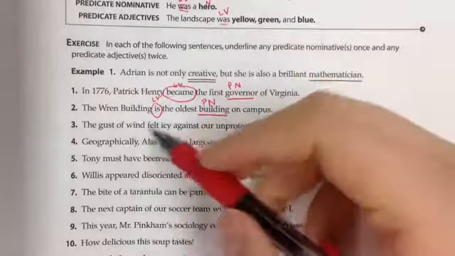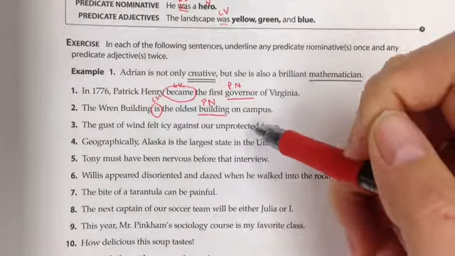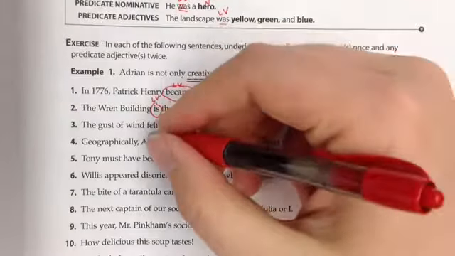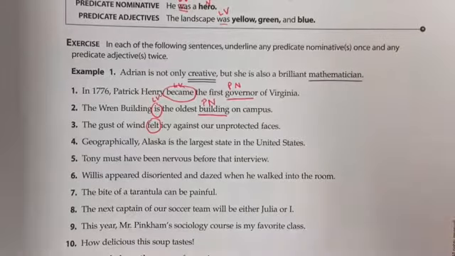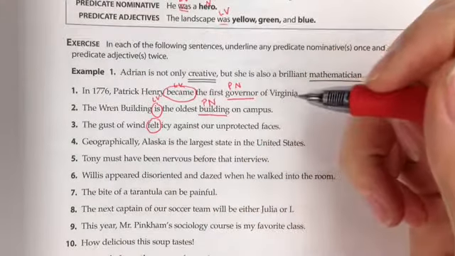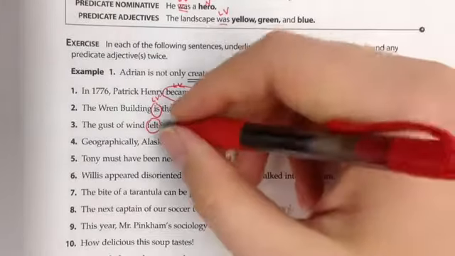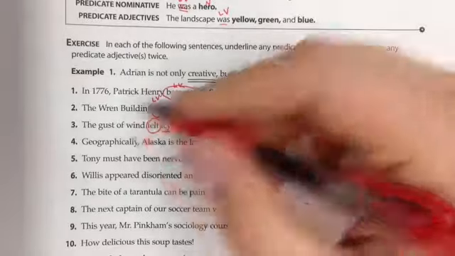Number three, the gust of wind felt icy against our unprotected faces. Here is our linking verb, felt, and I can replace that with equals. The gust of wind equals icy against our unprotected faces. That works. Here is icy. This is a describing word that describes the gust.